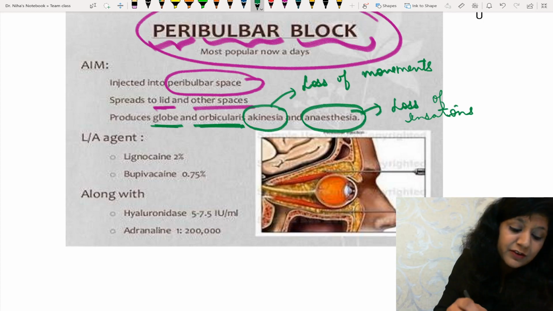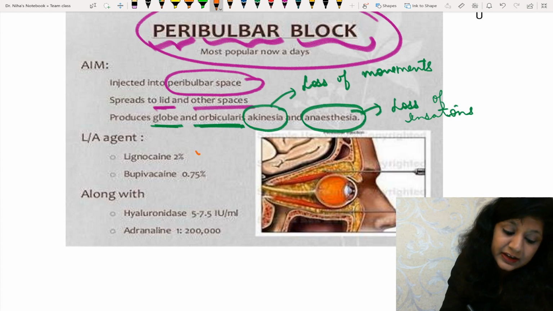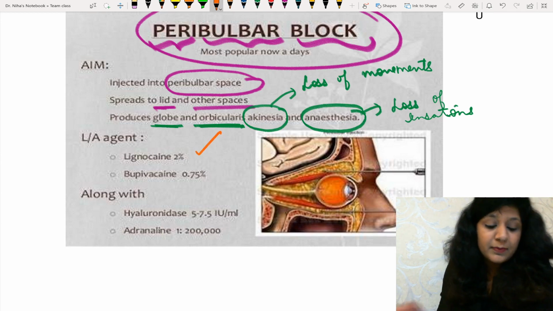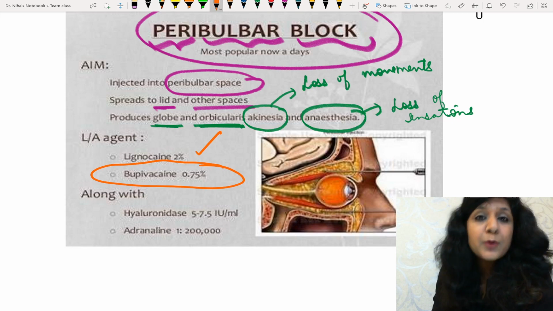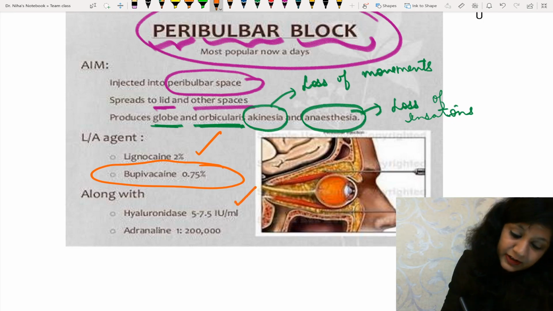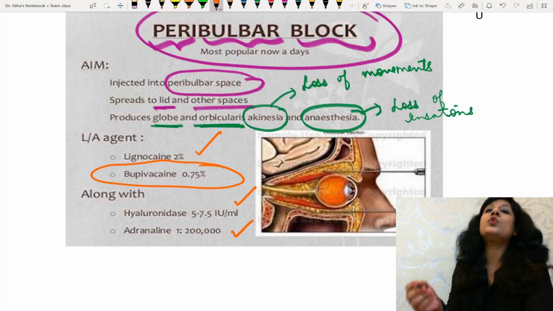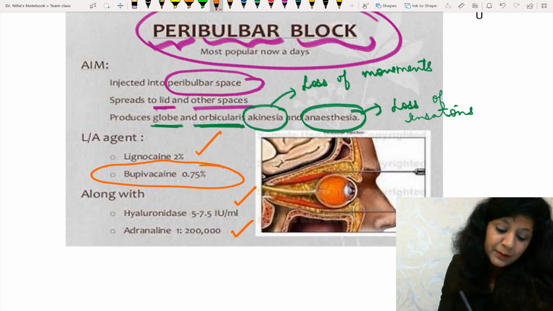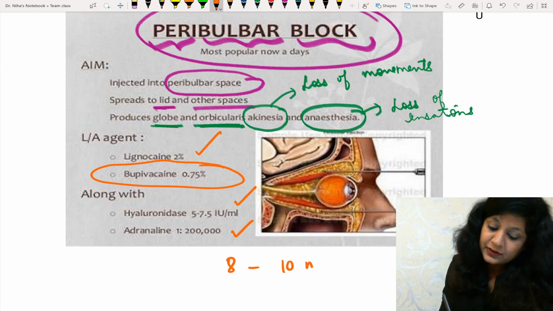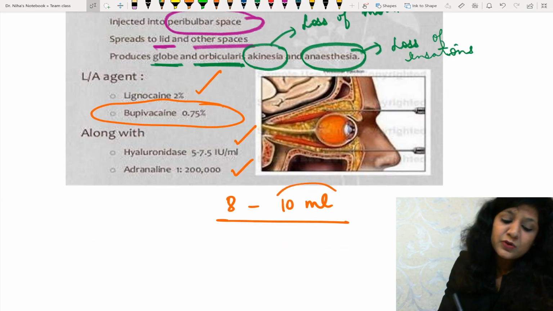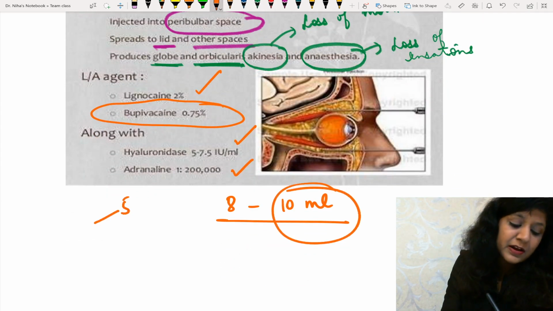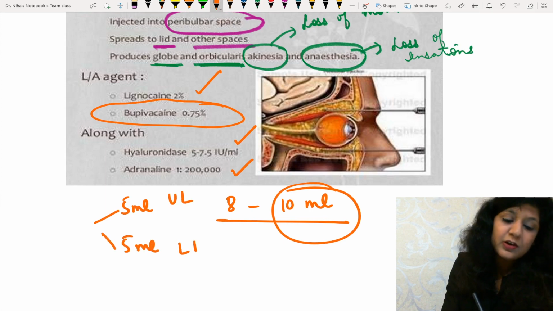But if you see here, we are using so many things. I am using again 2% lignocaine, but along with this I am also using 0.75% bupivacaine. I am using hyaluronidase as well as adrenaline. So total we are using about 8 to 10 ml, and practically we use a total of 10 ml, 5 ml we inject in the upper eyelid and 5 ml in the lower lid.